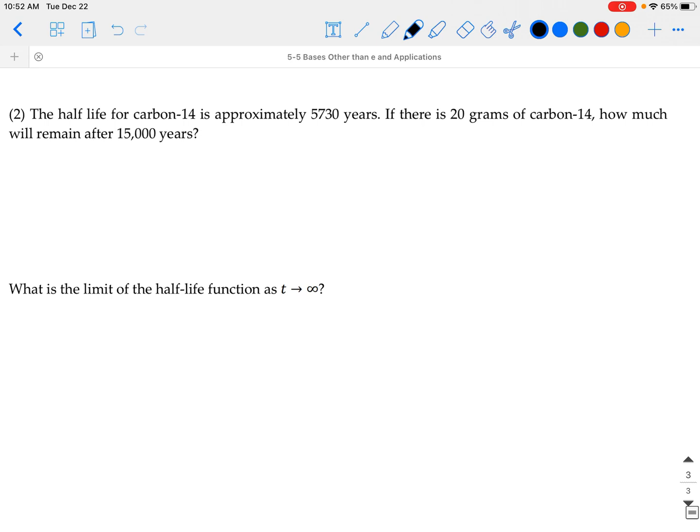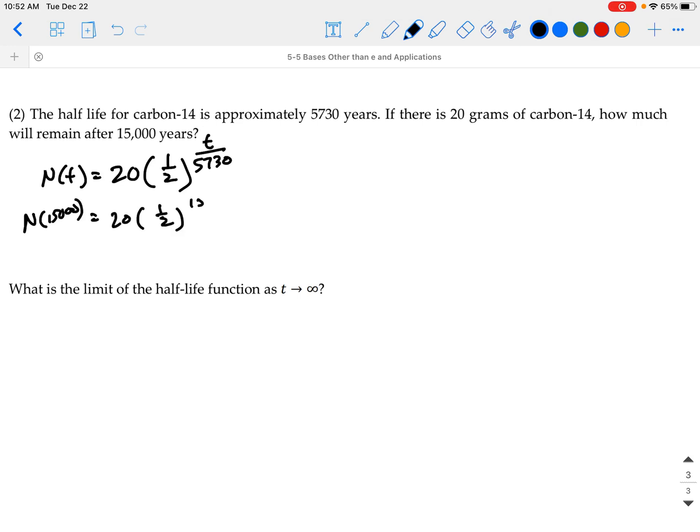So we've got 20 grams, so N of t is going to be 20 times 1/2 to the t over 5730. So then we'll just plug in 15,000 here. So 20 times 1/2 to the 15,000 divided by 5730.